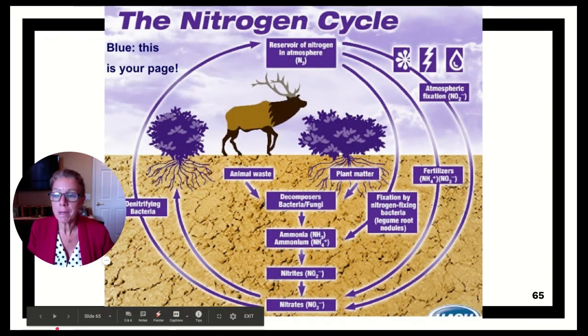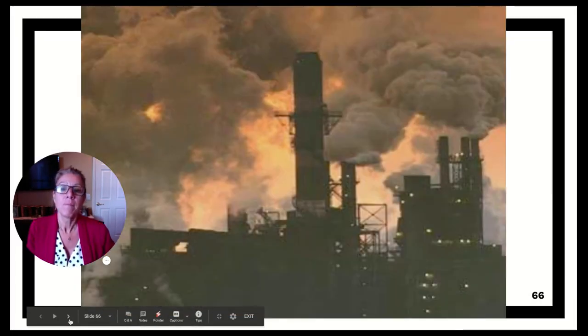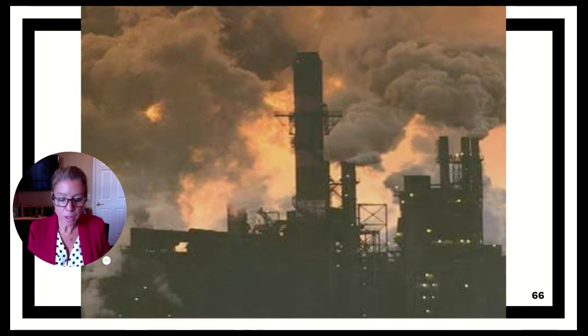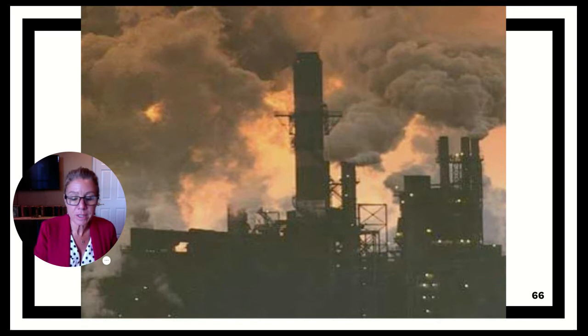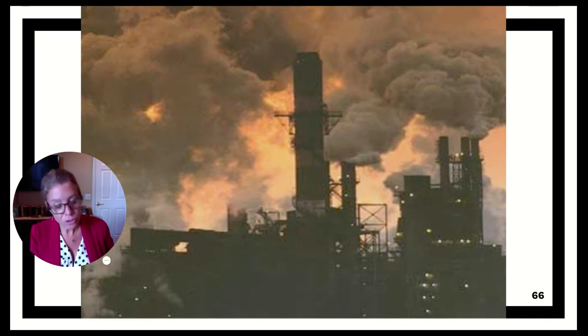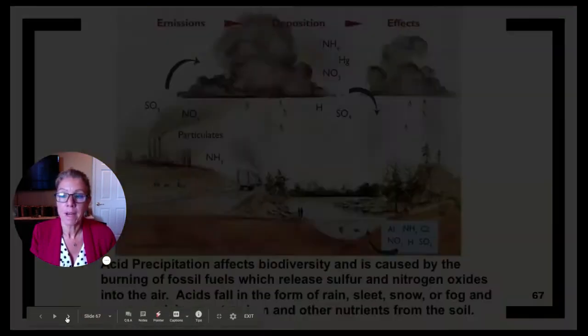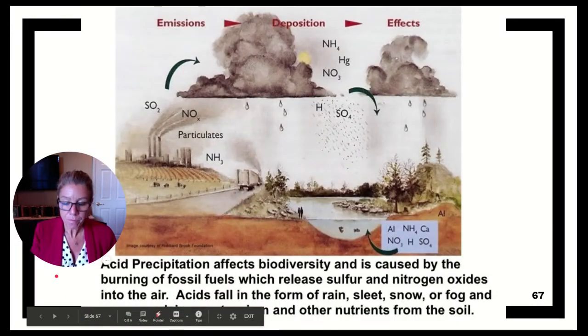Let's talk a little bit about human activities. This looks bad to me, okay? So on human activities, we have the production of nitrous oxides, that's bad, through fertilizers and the burning of fossil fuels. It contributes to acid rain, bad, okay?